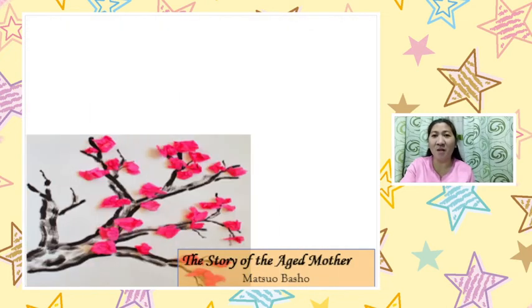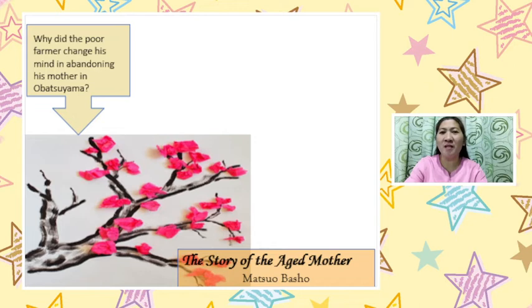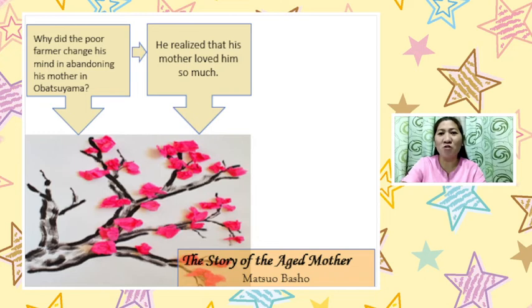He prepared for a painful journey going up to the mountain. He lifted his mother at his back. Why did the poor farmer change his mind in abandoning his mother in Obatsuyama? He realized that his mother loved him so much.